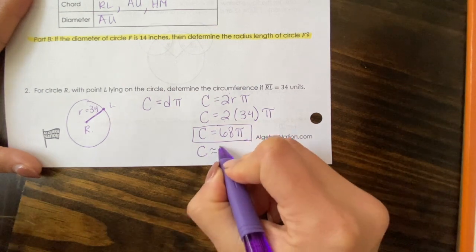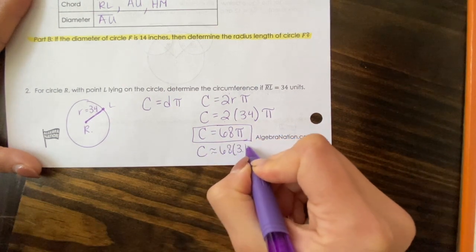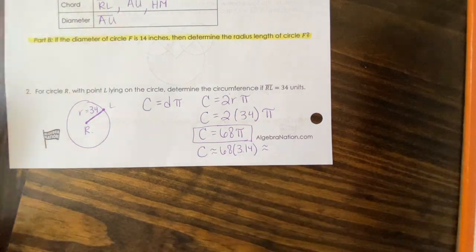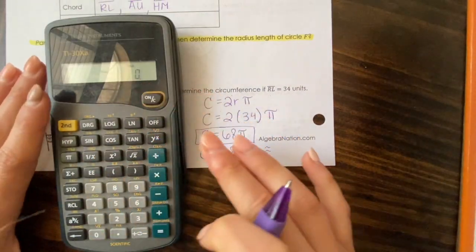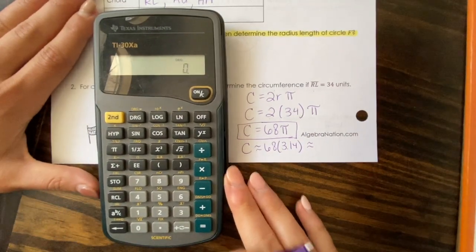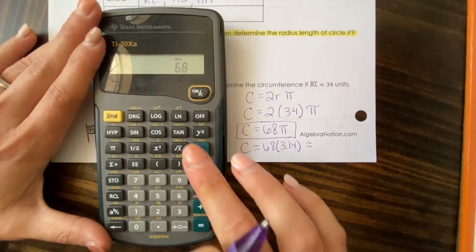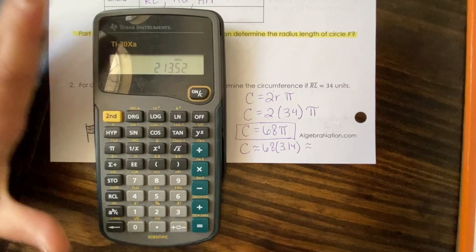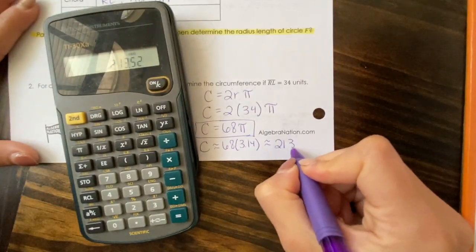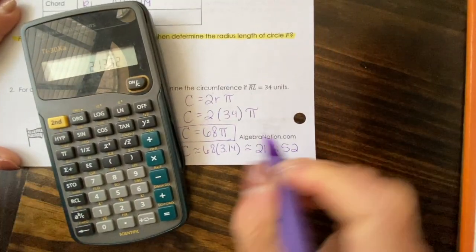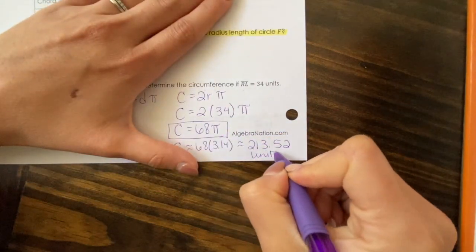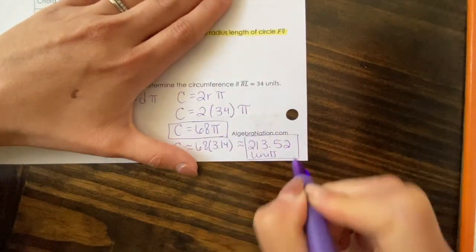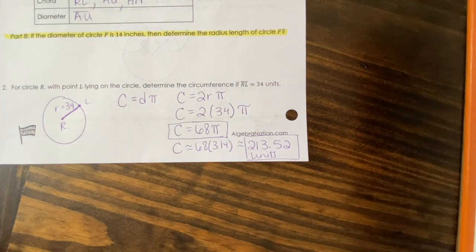And your estimated answer would be 68 times 3.14 for pi, which would be 213.52, and we're talking about just units, not units squared, because it's a straight line. So those would be your 2 answer options.